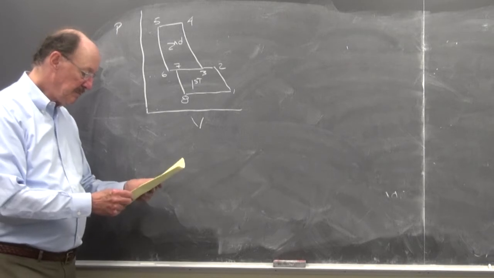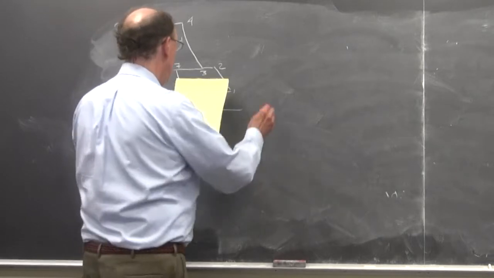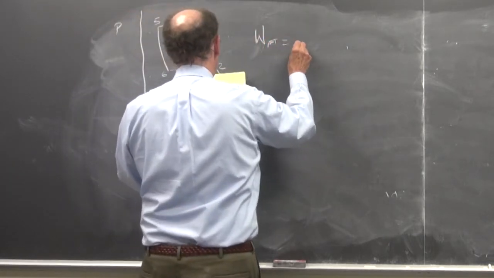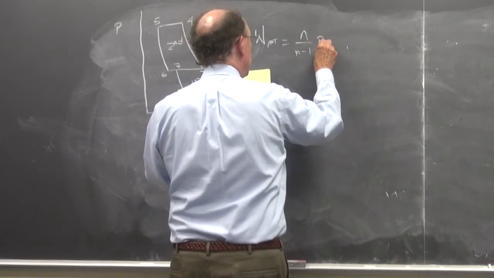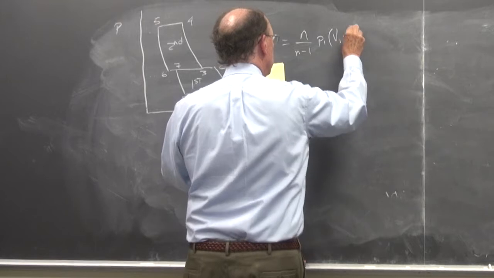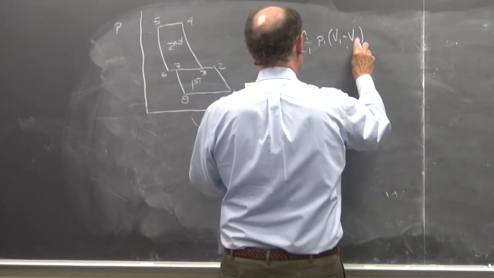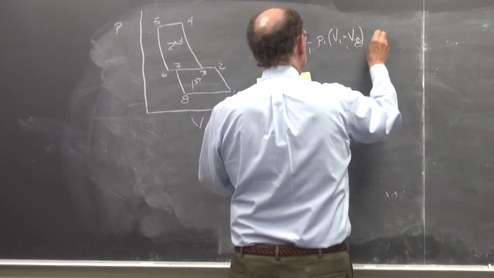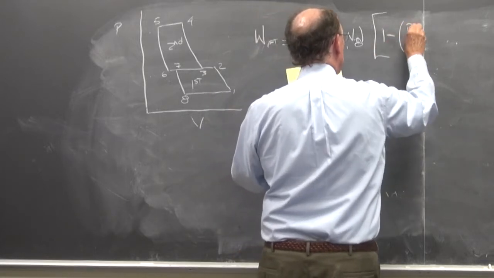So if I look at this, we have work at the first stage is n over n minus 1 times P1 times V1 minus V8, times 1 minus P2 over P1 to the n minus 1 over n. Have to pay attention here, David.